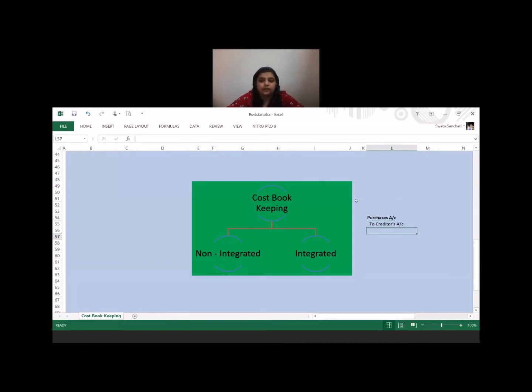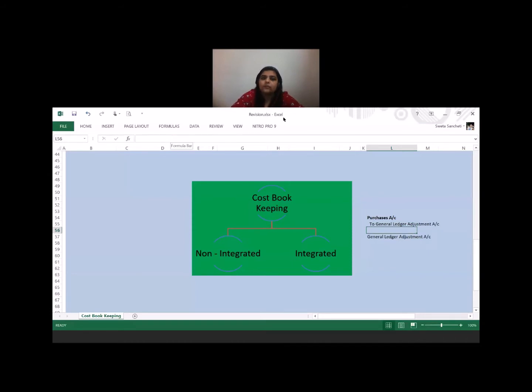For double entry, we are going to create a dump ledger called the general ledger adjustment account. We are going to create this ledger, and all our financial entries we are going to post to this. So instead of creditors, it will become general ledger adjustment account.